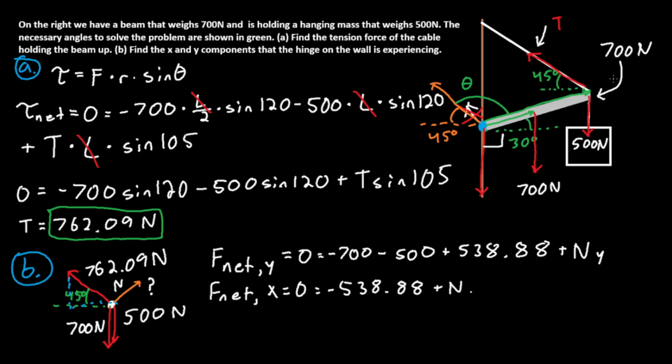Now all we have is your unknown x force. Due to the fact that both of these masses are caused by weight, they'll point straight down, so they have no x components. Since they have no x components, our only two forces acting in the x direction are the tension x component and the normal force x component. So now all we have to do is just solve for these two.